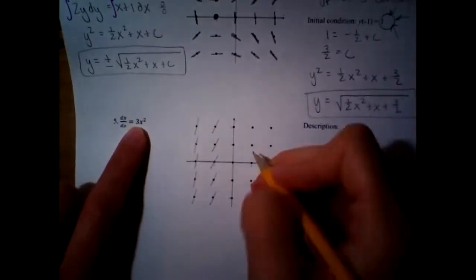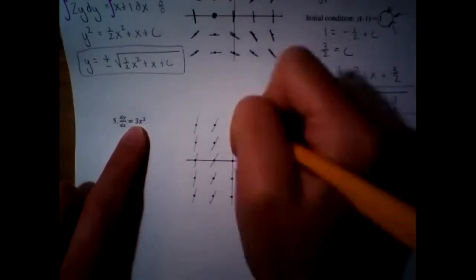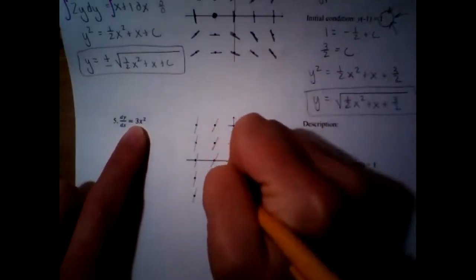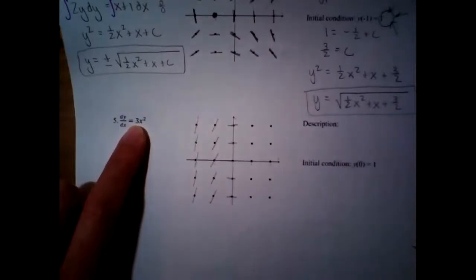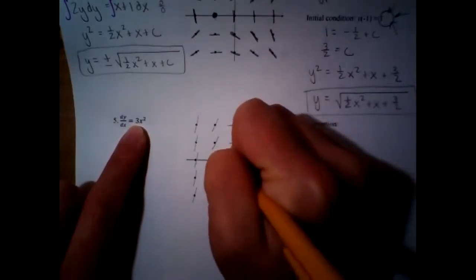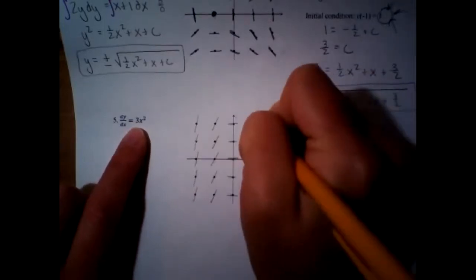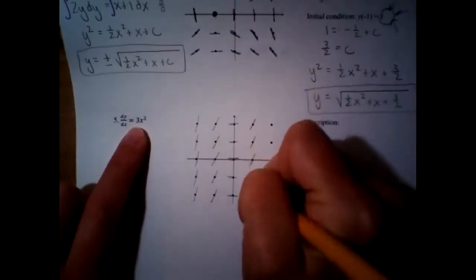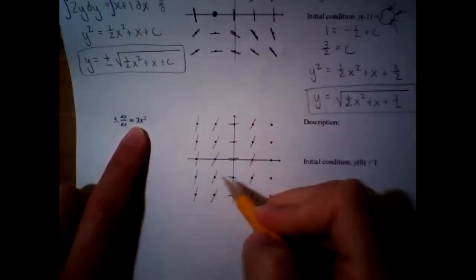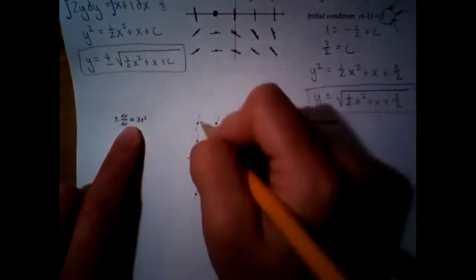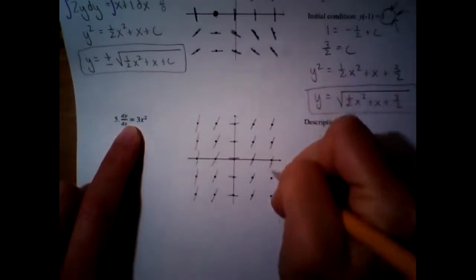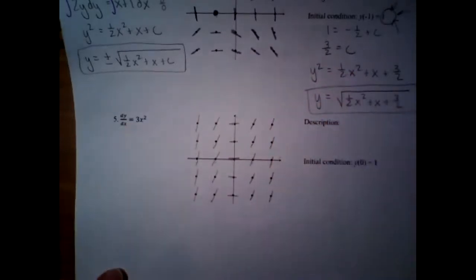All you're doing there. All right, for this entire column, x is 0. So all of those are going to be 0. And there is one here. Sorry, it's on the axis. All right, and then where x is 1, we get 3 again. So just make these look the same as these ones. And then for 2, again, you get 12. So just make those look the same as what you had over there.